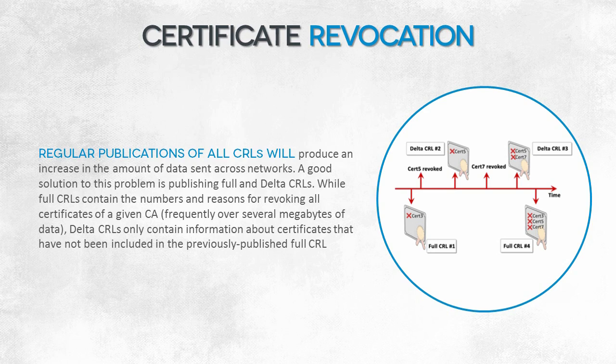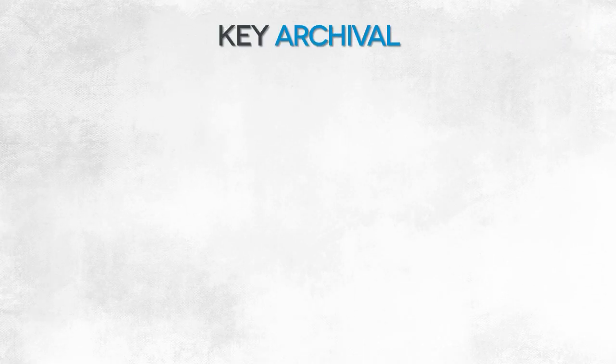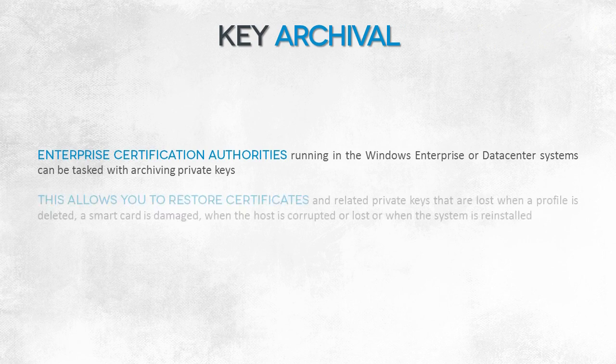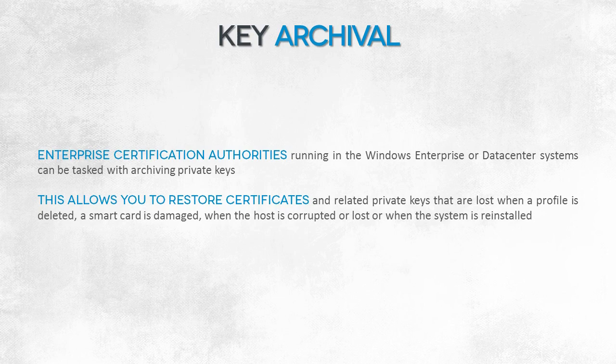Each time, the entire list is downloaded to the computer. The solution is to publish a list of differences. On the list of differences are only certificates revoked since the publication of the last full certificate revocation list. All newer Windows systems support a differential mode.